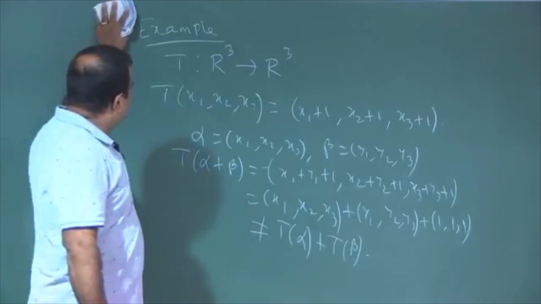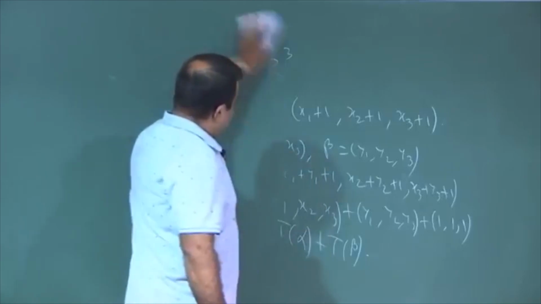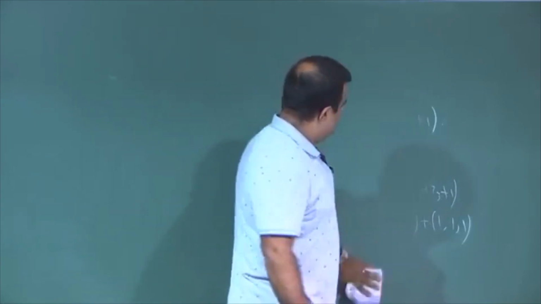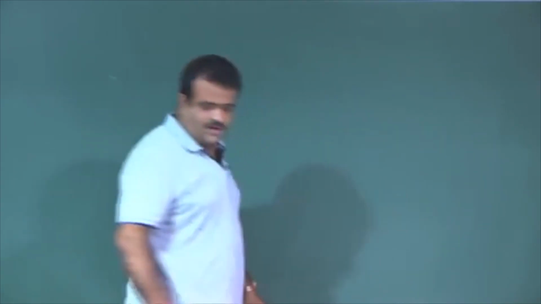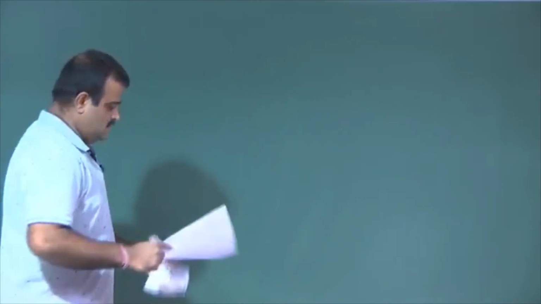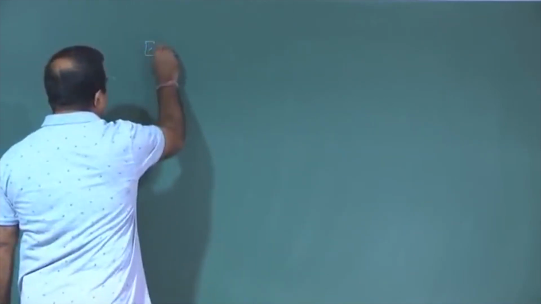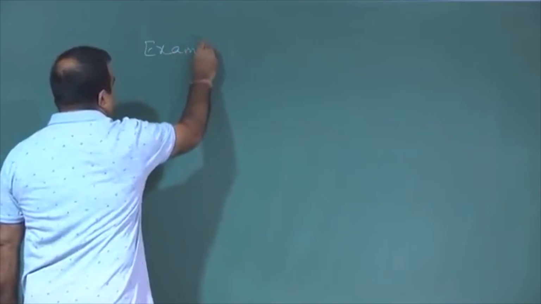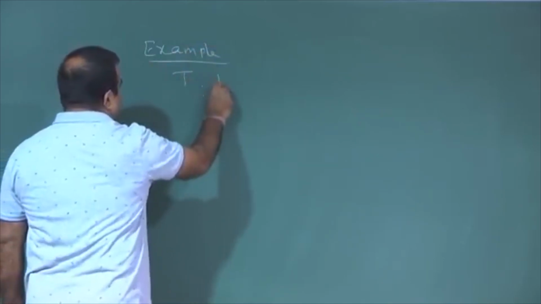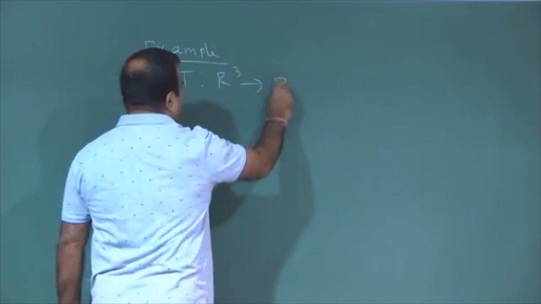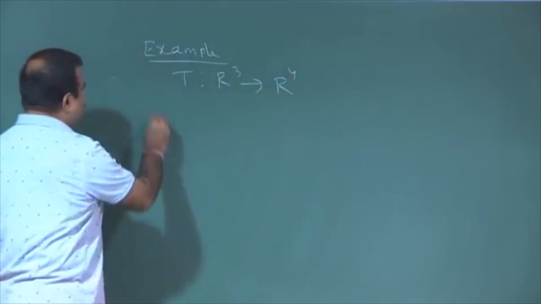Okay. So, we can take another example, from R3 to R4. How are we defining this mapping?